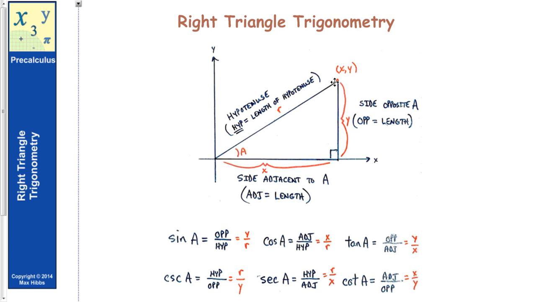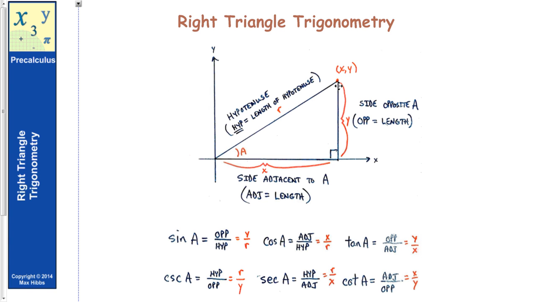Now, under these circumstances, this position where the hypotenuse and this vertical leg intersect can be labeled as a point in the xy plane. It has a first coordinate of x and a second coordinate of y. This is the distance x, from here to here, so that's the x value.